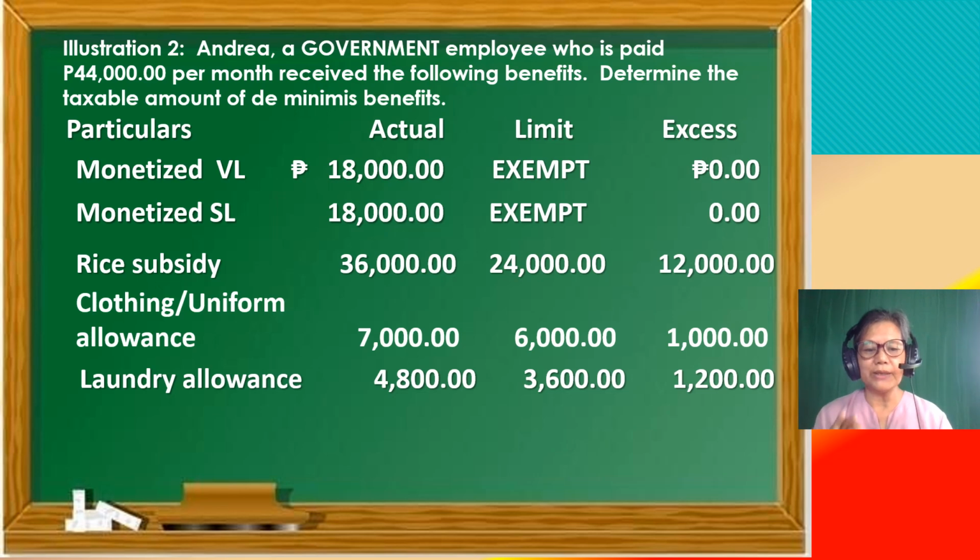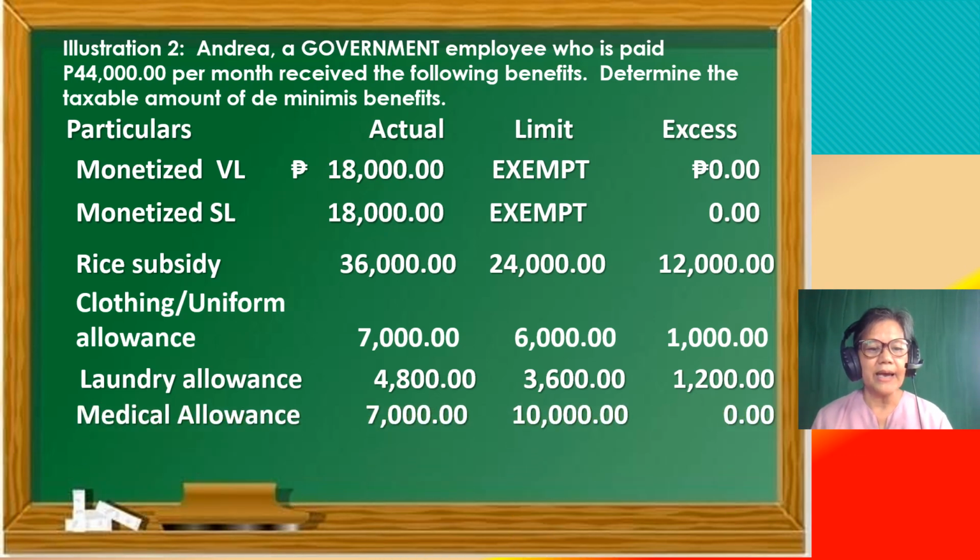That is 4,800 less 3,600. Next, medical allowance. How much was received? 7,000 pesos. How much is the limit? 10,000. There is no excess because the actual is lesser than the limit of 10,000.